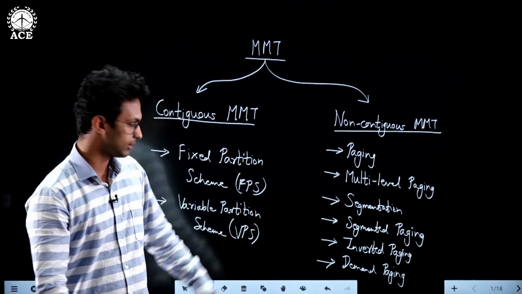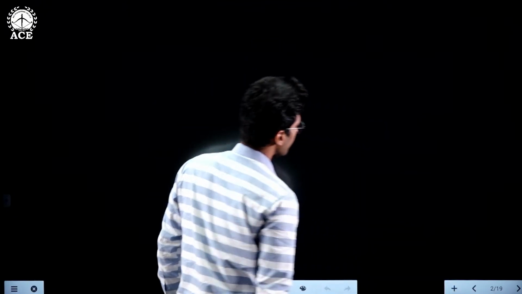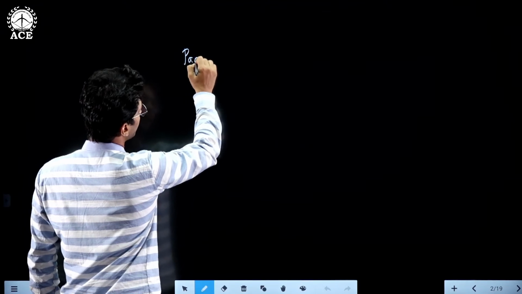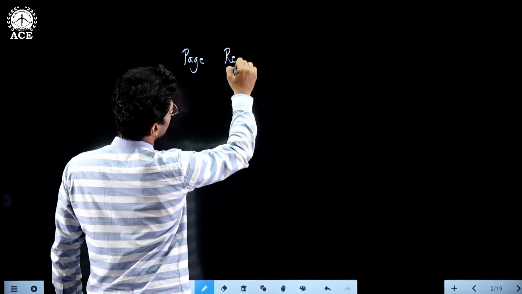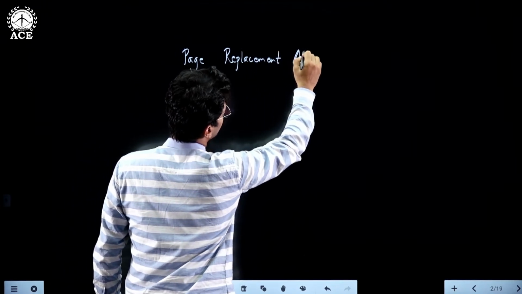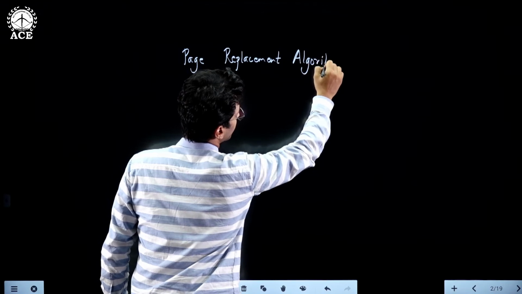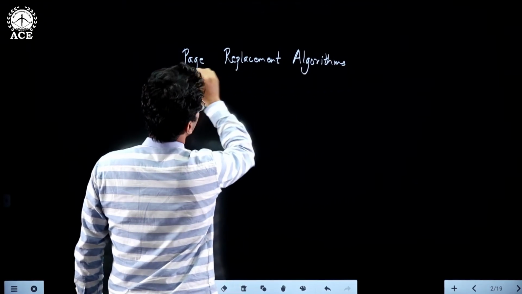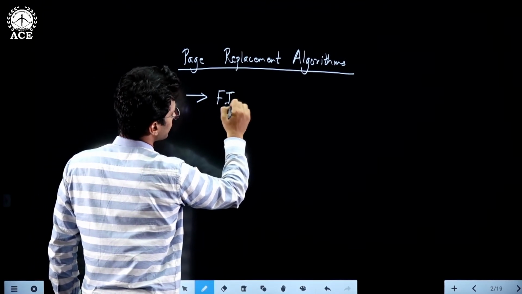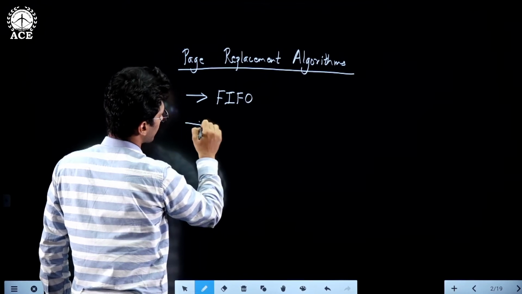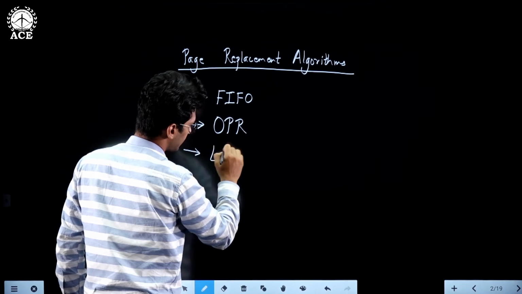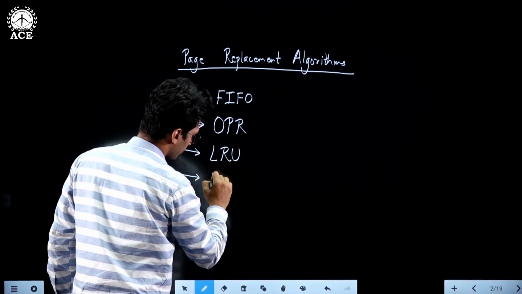Now, apart from this, we'll look into page replacement algorithms. For example, FIFO, optimal page replacement, least recently used, most recently used.